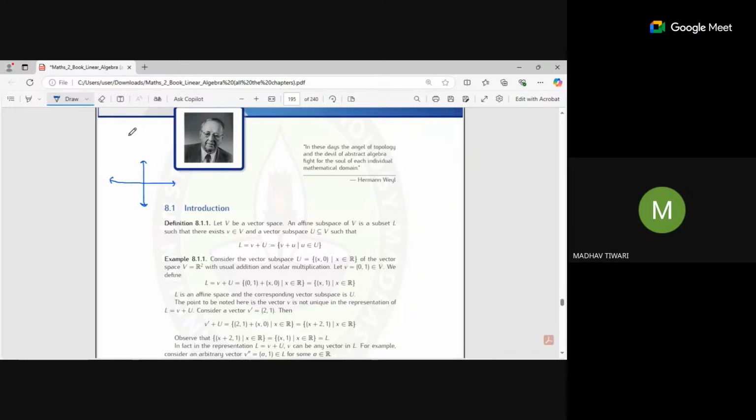Suppose this is my R2 vector space. Any line in this one that passes through the origin will be my subspace, or the whole plane will be my subspace, or the origin itself, if I take this point. Okay, so what are affine subspaces?